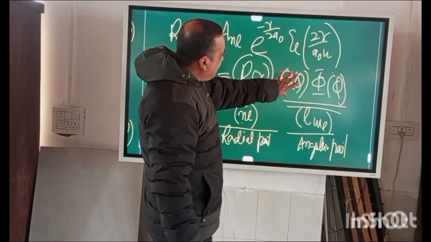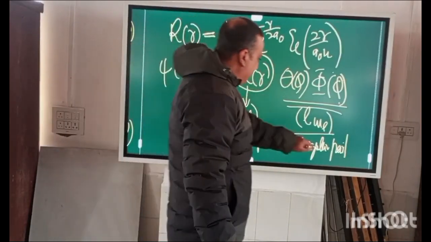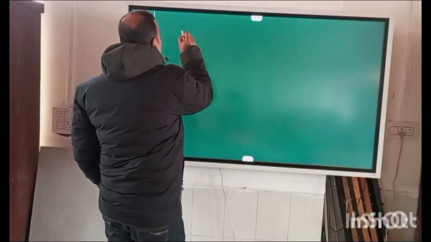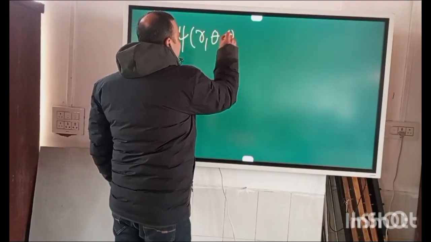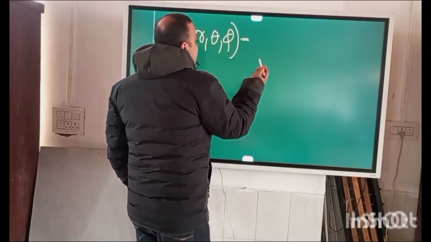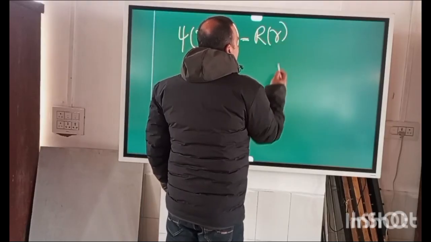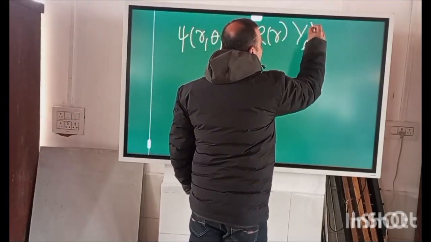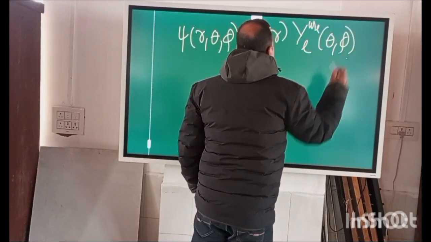And this angular part can be written down as a single spherical harmonic. So I can write down psi of r, theta and phi as R of r times Y of l, m_l of theta and phi.